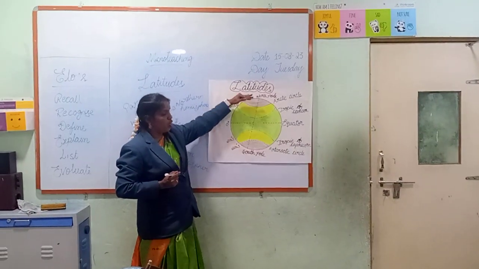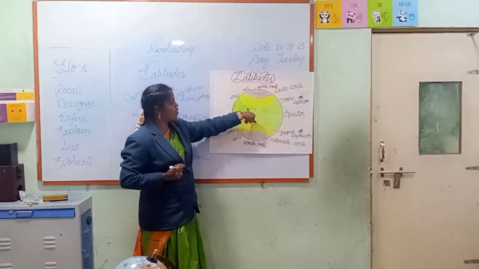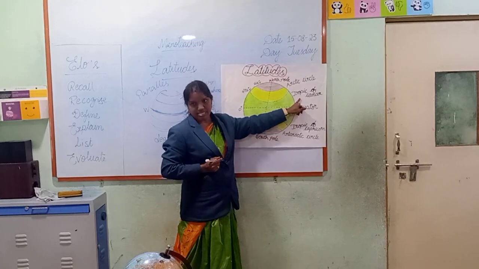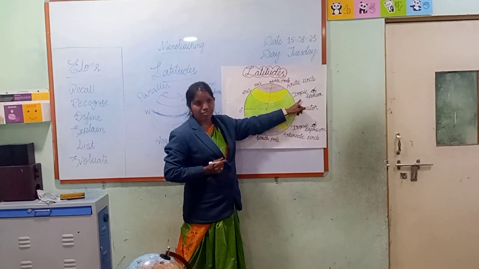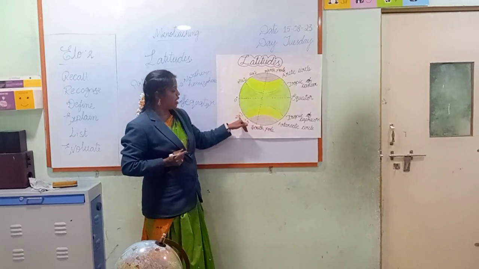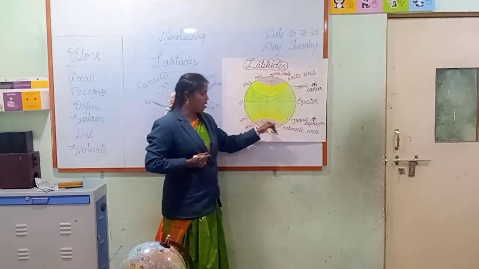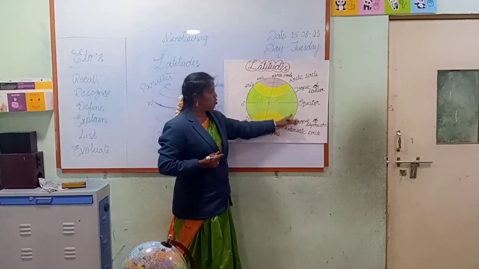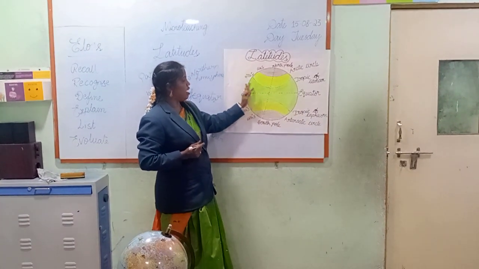From above, 23.5 degrees north latitude is called the Tropic of Cancer. In the south, 23.5 degrees south latitude is called the Tropic of Capricorn. These two are very important latitudes.